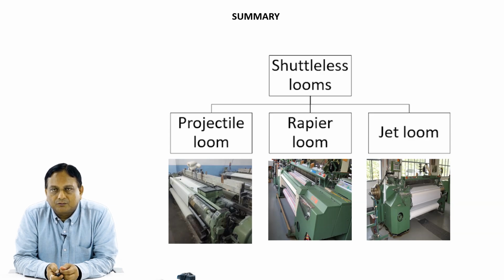Then the fabrics which are produced are also different, as we have seen, that a versatile range of fabrics can be produced in the shuttle-less looms in comparison to the shuttle looms.